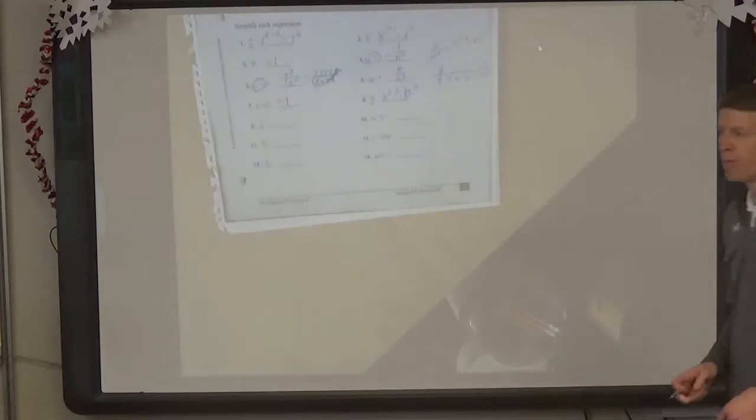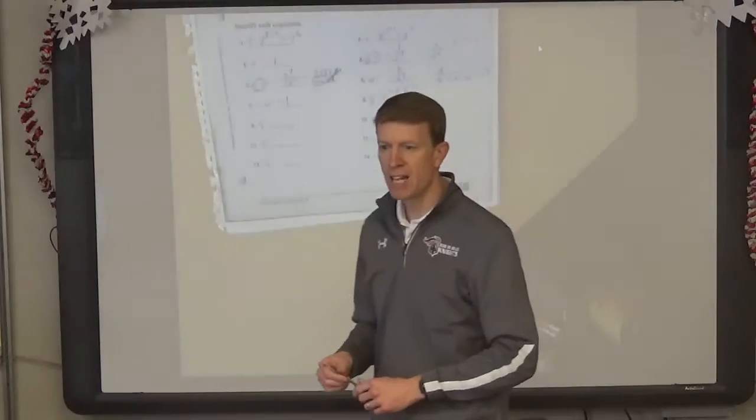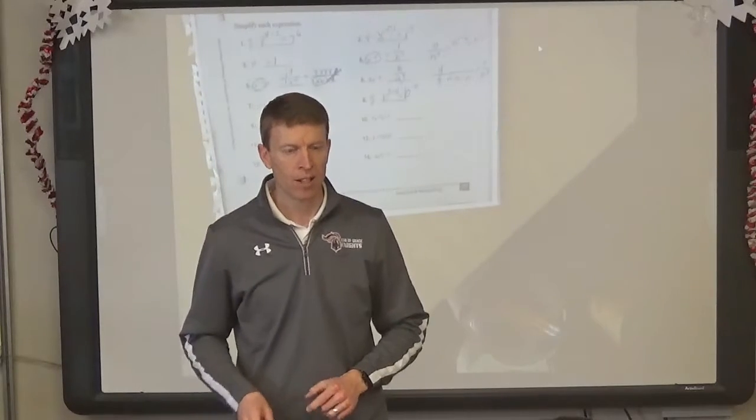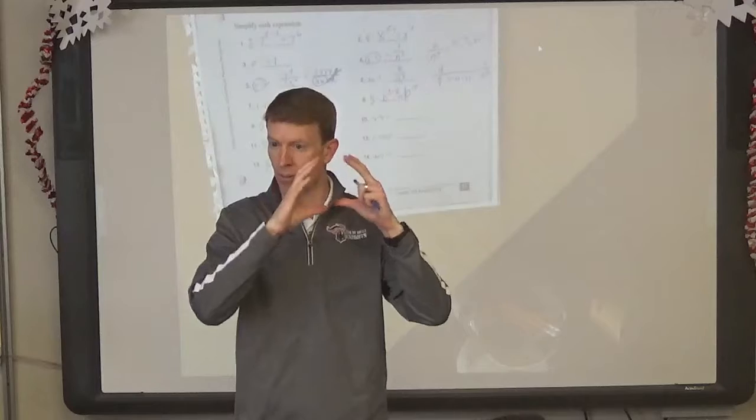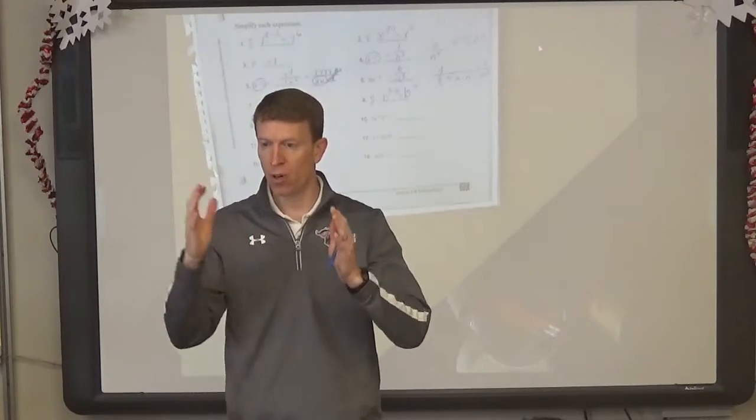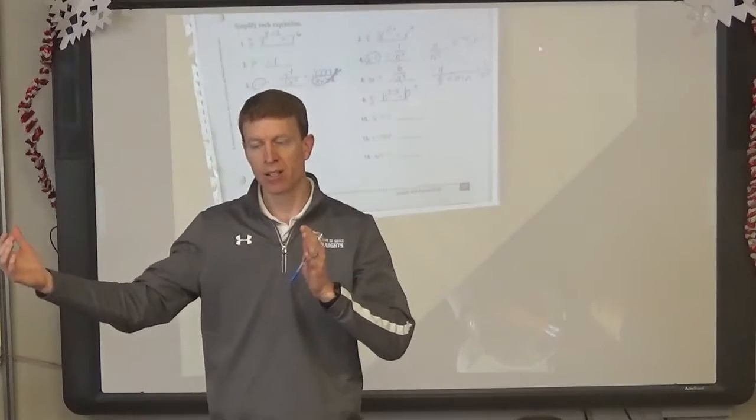The best example might be powers of 10. When you have a power of 10, it creates either 1 or 10 or 100 or 1,000. You have the negative power.